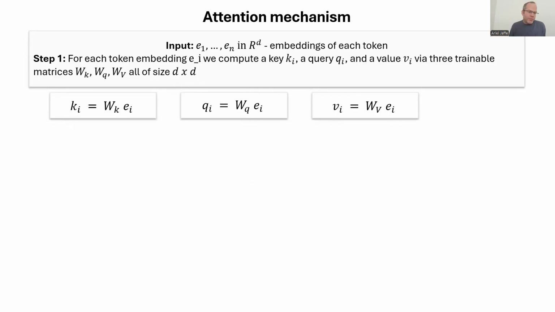And these are trainable, so this is part of the trainable parameters. We compute with these three matrices, denoted W_K, W_Q, and W_V, the key for each token, the query for each token, and the value for each token. Okay, so that's step one.